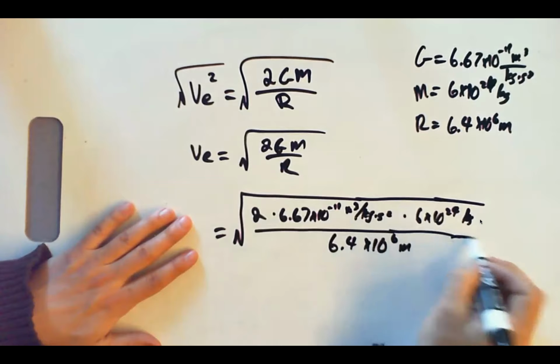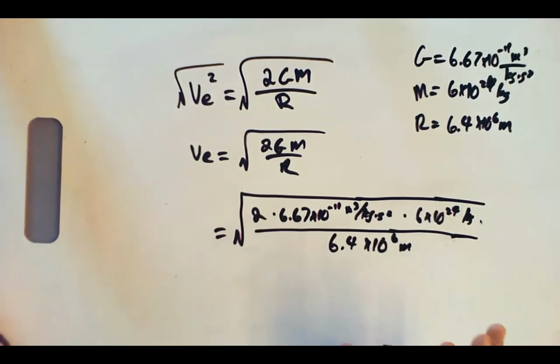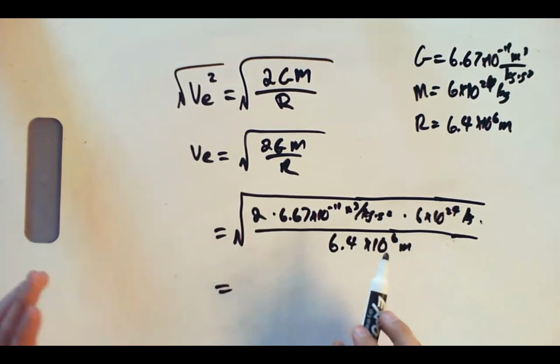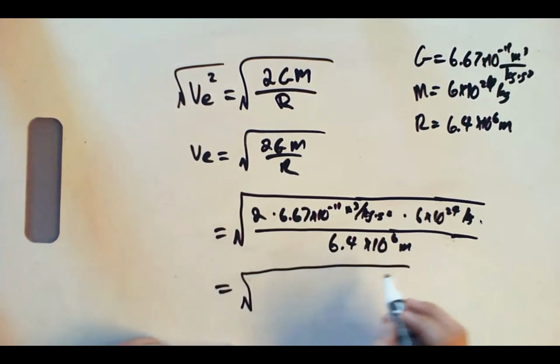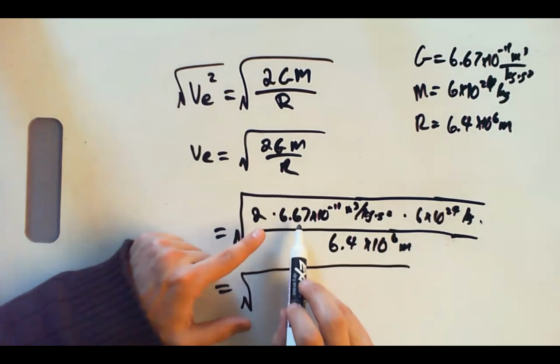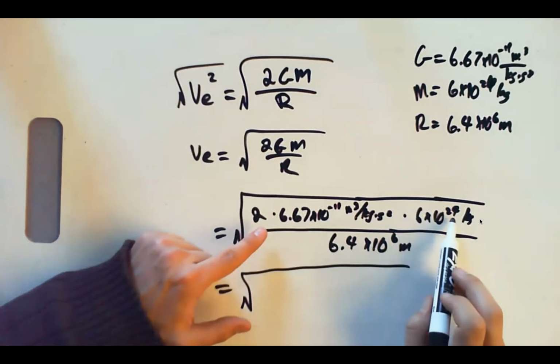That's a lot of 6s. Okay, let's do the numbers first, and then we'll do the units. I'm going to plug this into a calculator in a minute, but let's try to do it in our head first. Let's do the inside of the square root, and then we'll square root the whole thing. We've got 10 to the negative 11 times 10 to the 24.